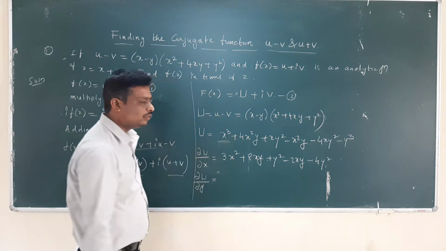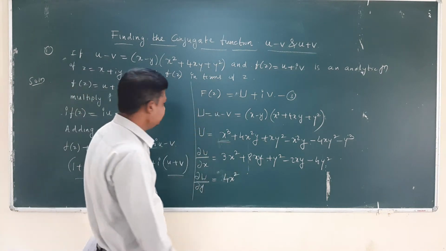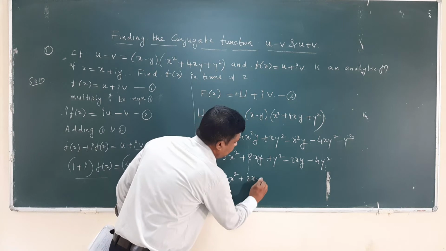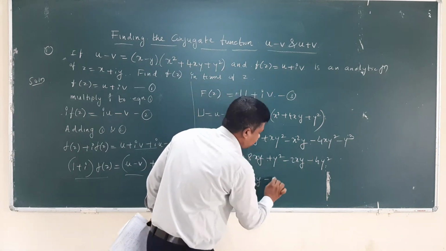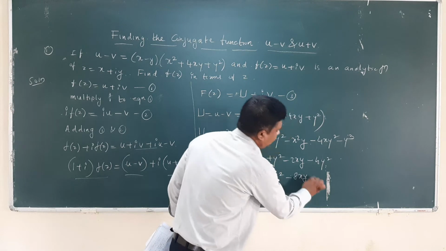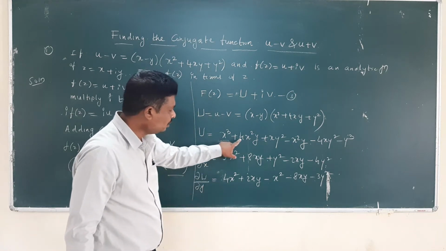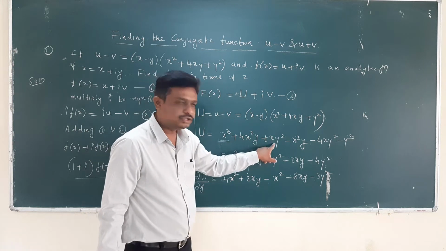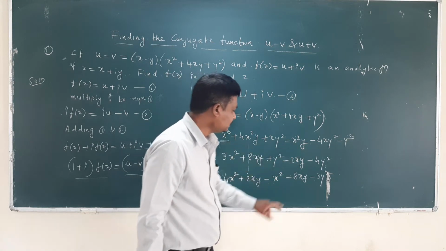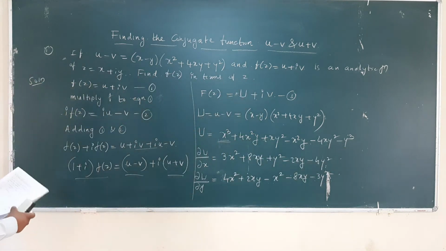The derivative of the first term is 0, the derivative of the second one is 4x square, then the derivative of x y square is 2xy, minus the derivative of x square y is x square, minus the derivative of 4x y square is 8xy, and the derivative of y cube is minus 3y square. Now I will simplify this one.